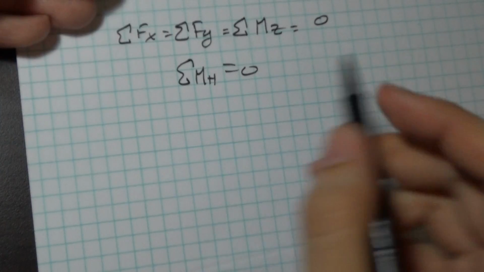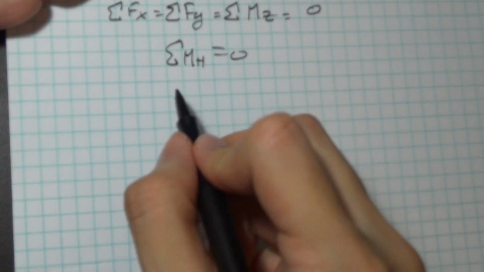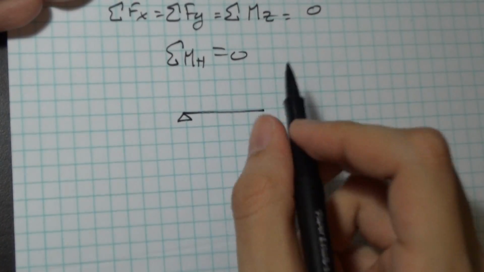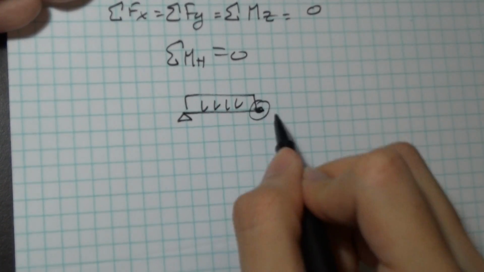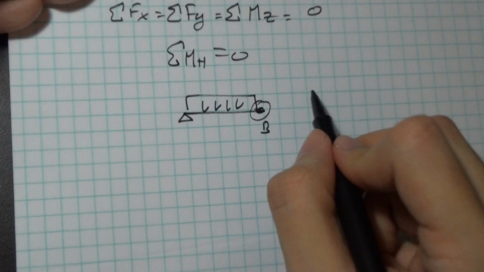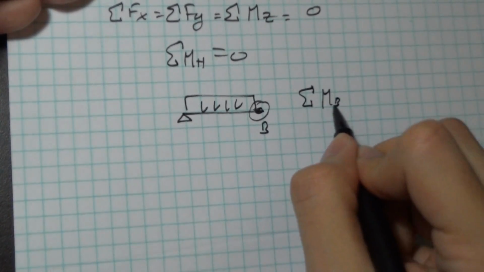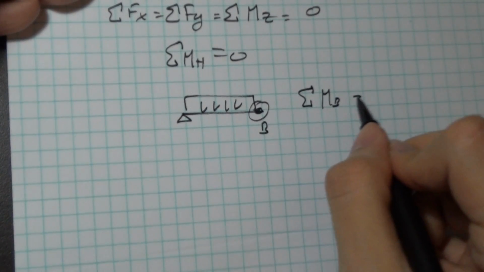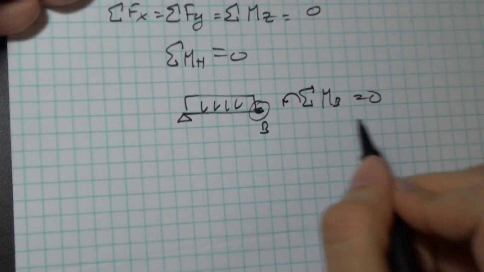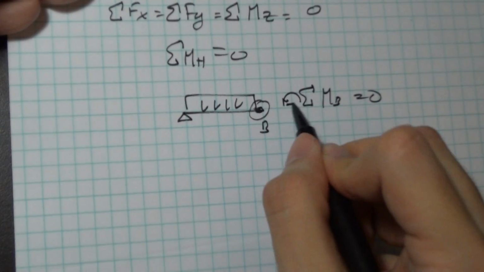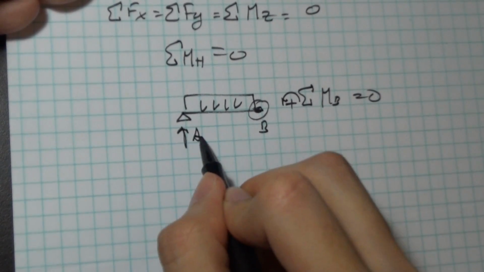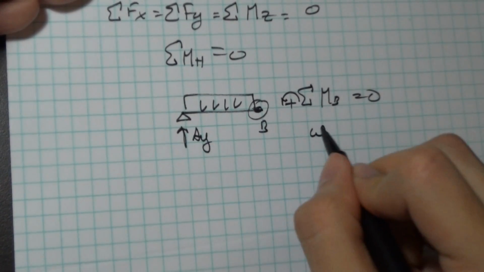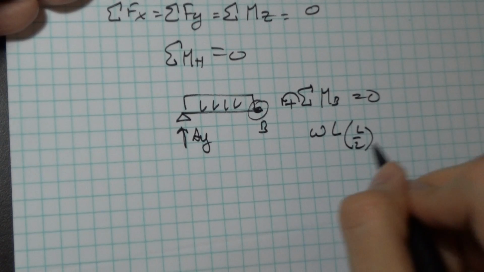I'm going to draw my member here. Let's draw AB first. So I have my hinge here, right? This is B. I'm doing moment about B equals 0, and I'm going to say that counterclockwise is positive. If I do that, so this is AY, I'm going to get W times L times L/2, right?